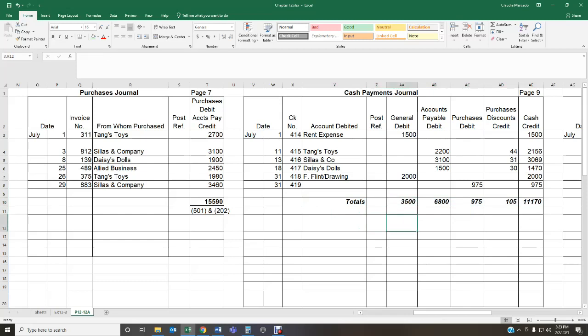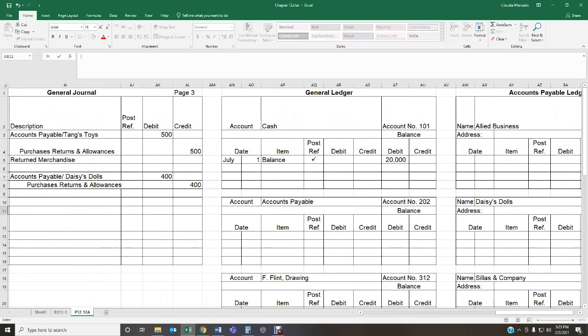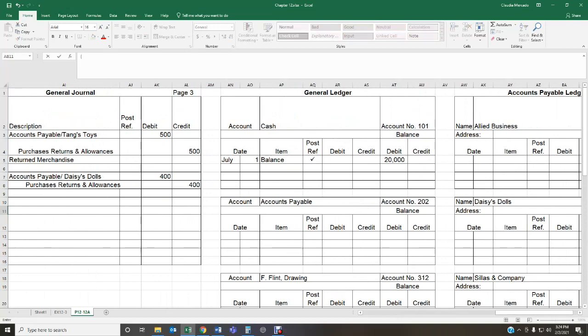Okay, now we need to figure out where we are going to be posting these transactions. Well, the general debit is going to be posting to specific accounts. Okay, here we have the accounts payable debit. The accounts payable debit has, let's see, accounts payable, account number 202.